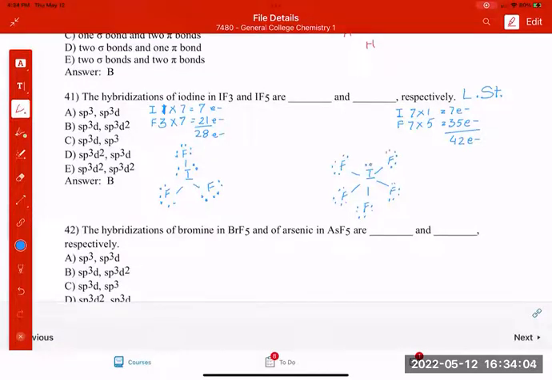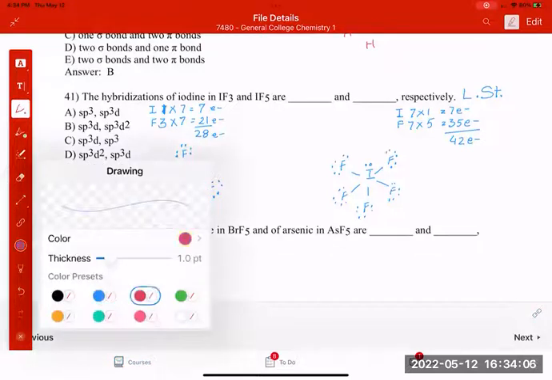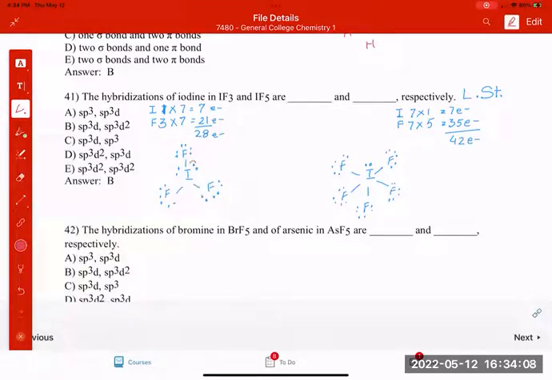In this case, you see there are 2 lone pairs, and in the other case, there's only 1 lone pair. Anyways, the electron groups: in IF3 we see 5 electron groups, and in IF5 there are 6 electron groups.